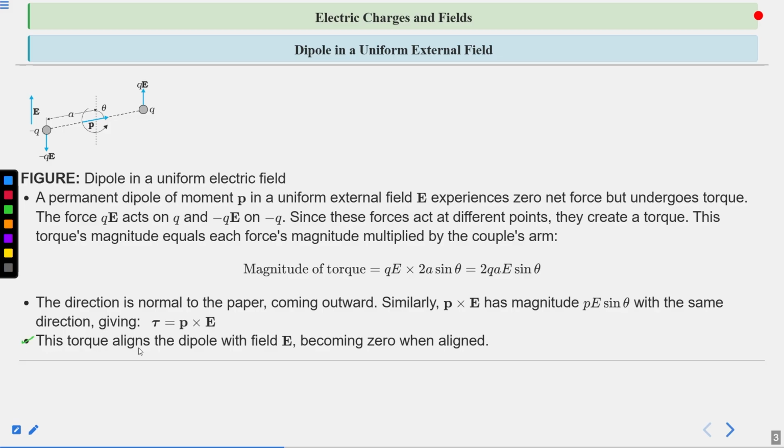This torque aligns the dipole with field E, becoming 0 when aligned. So here the important point is the torque tau equals p cross E, where p is the dipole moment, tau is the torque, and E is the electric field.